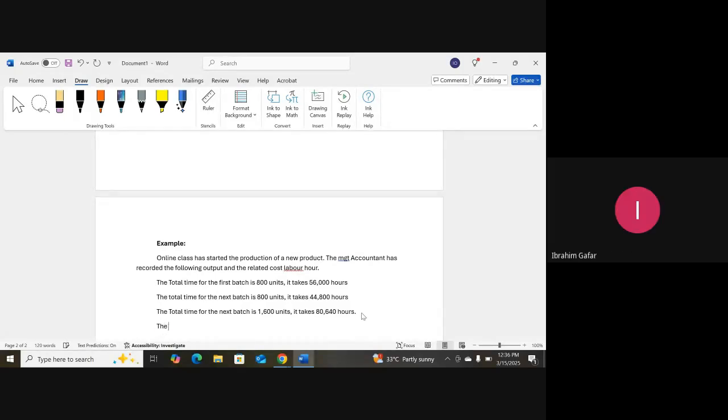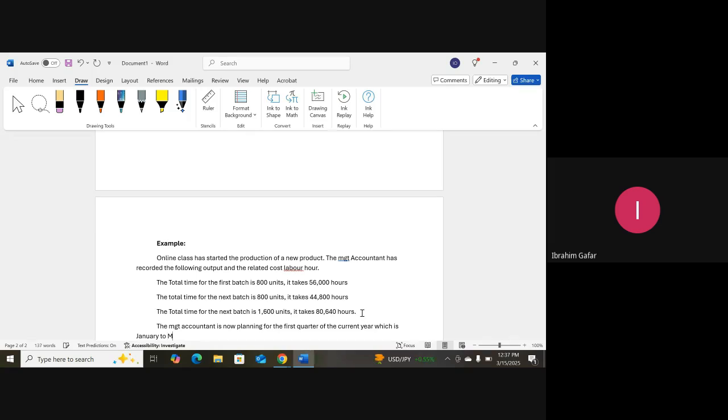The management accountant is now planning for the first quarter of the current year, which is January to March.